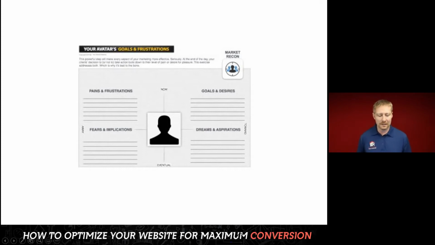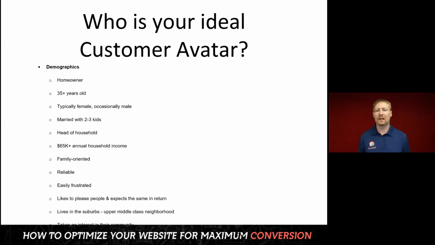So in speaking to your perfect customer avatar, here's an example of one. This might be your retail roof replacement customer avatar. They must be a homeowner, right? They're over 35 years of age, typically female, occasionally male, married with 2 to 3 kids.